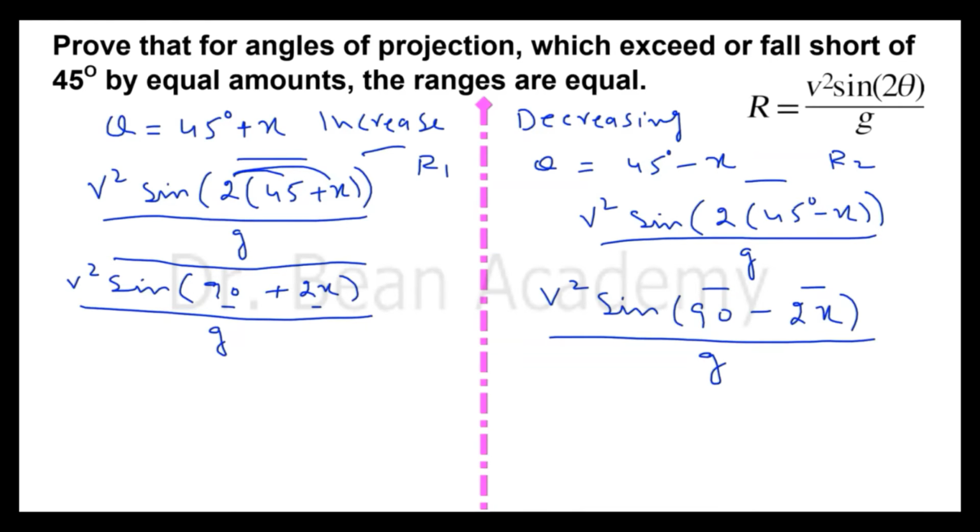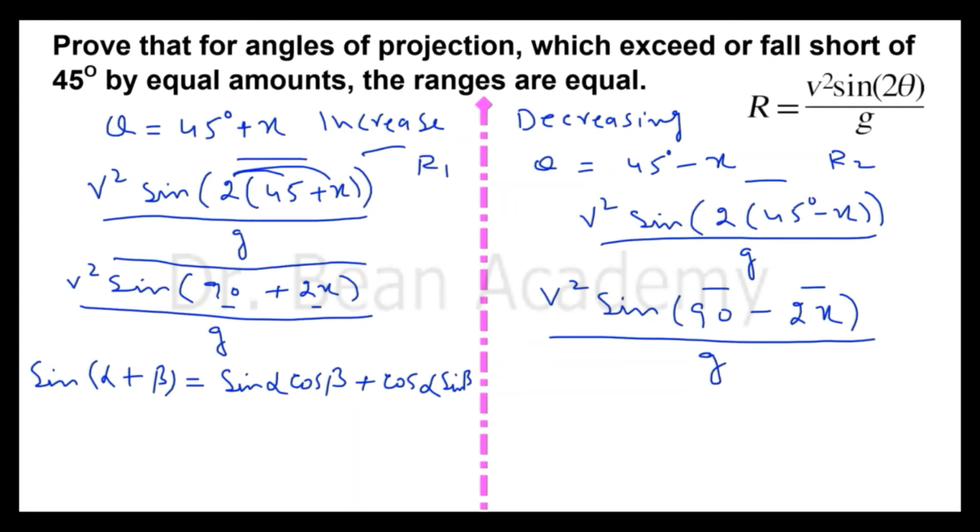I hope you are familiar with trigonometric identities, where you can find a lot of formulas like this. If you get a sine of alpha plus beta, a trigonometric identity says it is equal to sine of alpha cosine of beta plus cosine of alpha sine of beta.